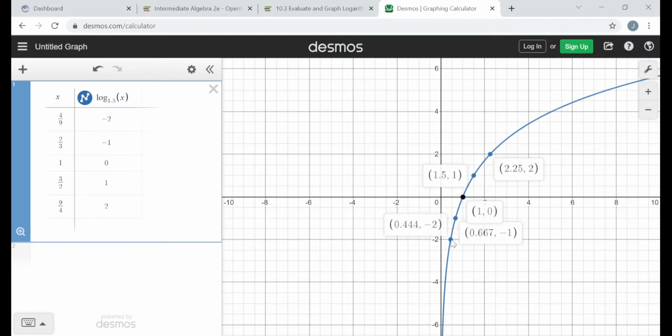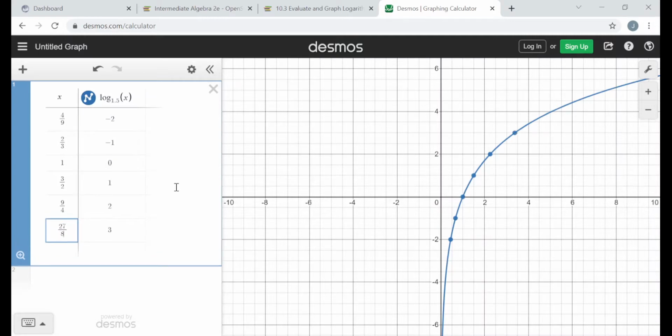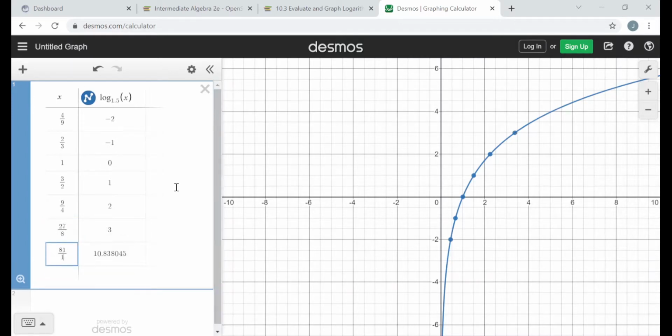All right, here's all the points I plotted by hand. But again, you can do more, right? If you were to plug in 27/8, you'd get 3. And then 81/16 would give you 4.